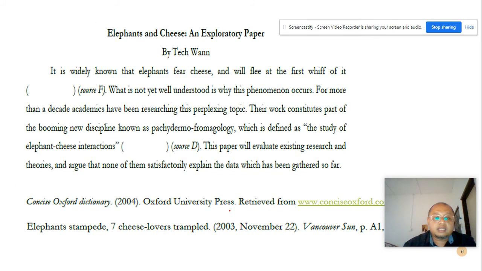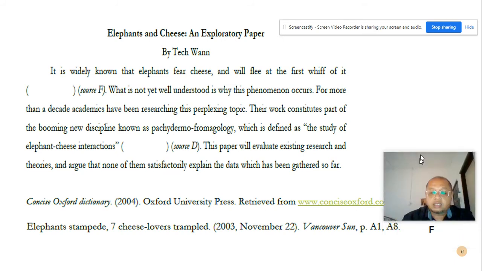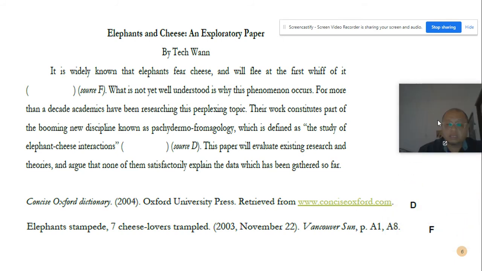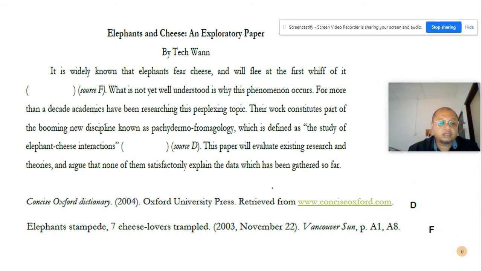Let's have a look at this exercise, Elephants and Cheese, an exploratory paper. So this is taken from the module, all right? If you can see, this is the example or the source of reference. So source F is taken from this information and source D is taken from this information. And how are you going to put the citation in here?